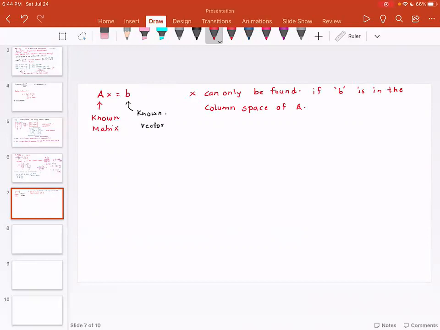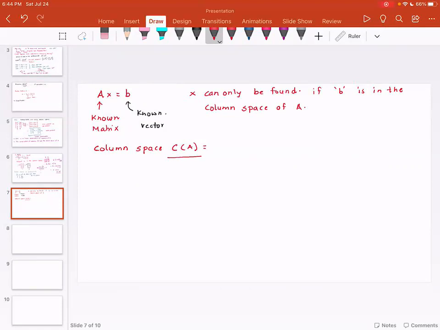Now, column space is denoted as C of A. So this is the notation for the column space.